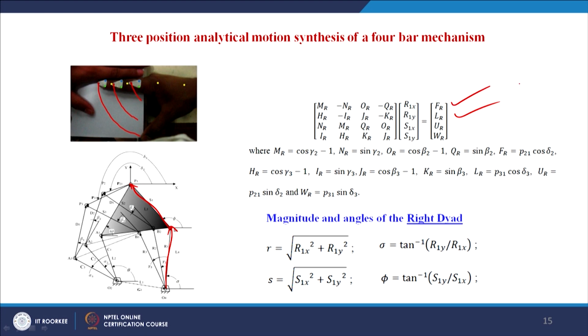So, by solving this standard matrix equation, we could solve for the magnitudes R and S and the angles sigma and phi for this right dyad, which are given by these expressions: R equal to root of R1x square plus R1y square, and similarly S equal to root of S1x square plus S1y square, and sigma and phi are given by sigma equal to tan inverse of R1y by R1x, and phi equal to tan inverse of S1y by S1x.